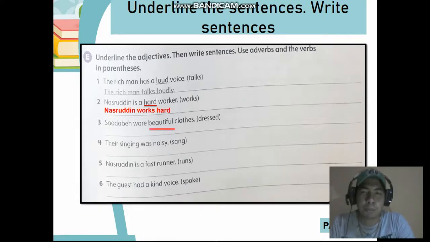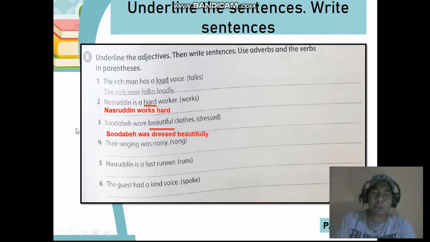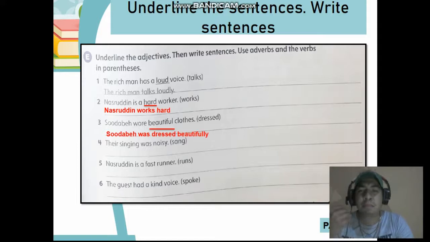Yes, beautiful is the adjective. And the correct sentence? Can you read it? Yes. So the bear was dressed beautifully. Good job.